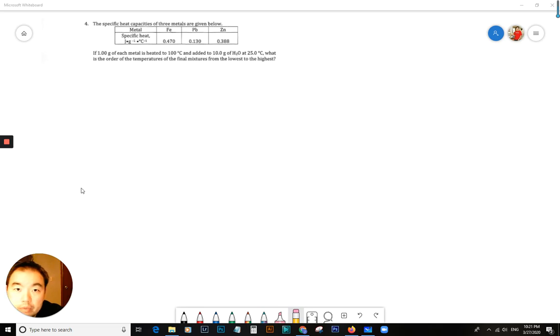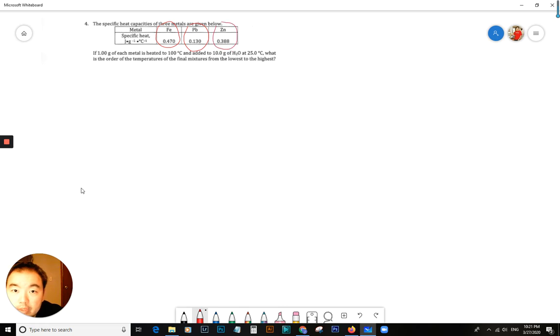Let's solve this problem. This problem is talking about how we already know the specific heat for iron, lead, and zinc.